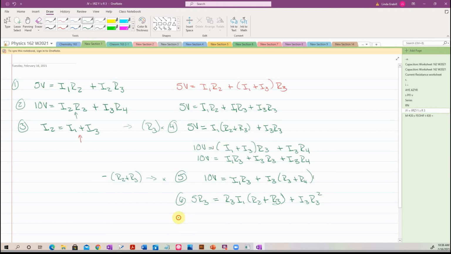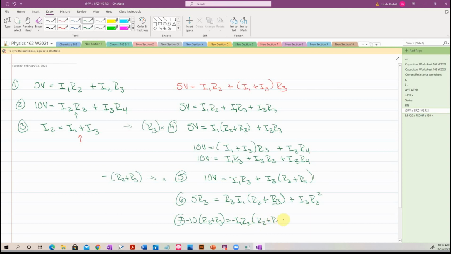And equation 7, I'm multiplying it by a negative of my R2 plus my R3. So I have minus 10 times R2 plus R3 equals, I'm multiplying it through, I1 R3, and this is a minus, times R2 plus R3.